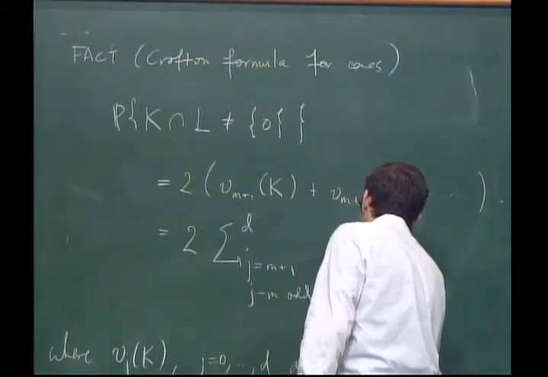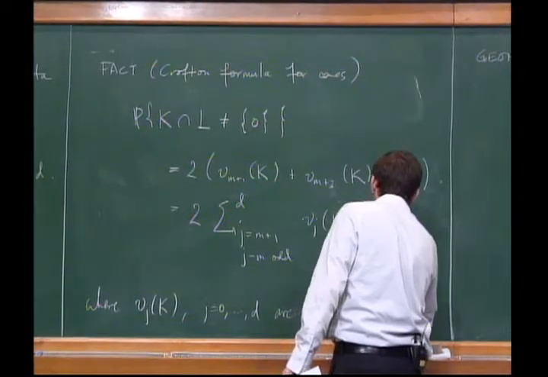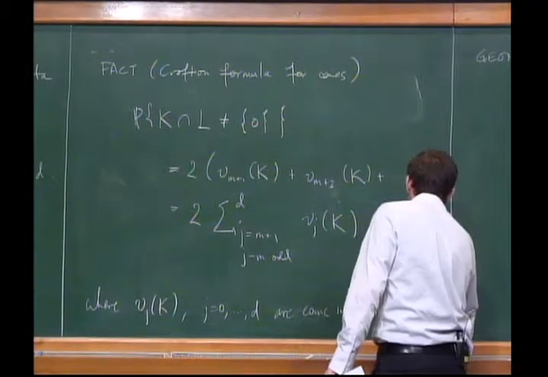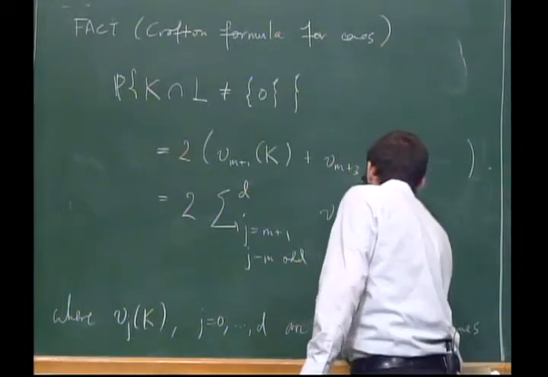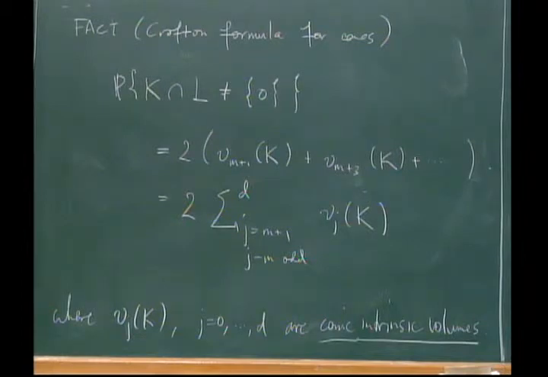And they're called the conic intrinsic volumes. So the interesting thing here is that in d dimensions, you only have d+1 numbers to decide the exact answer to this question about the probability that a cone intersects a subspace. Okay?